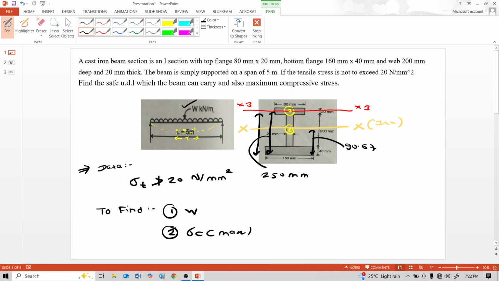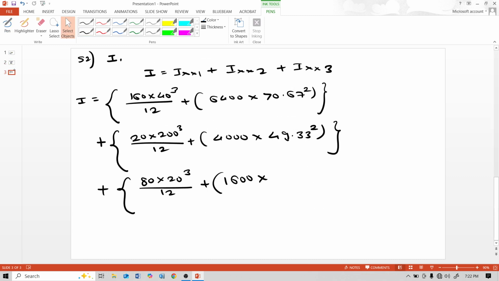That means 250 minus 90.67 is 159.33 mm, and the square of this for the parallel axis theorem.